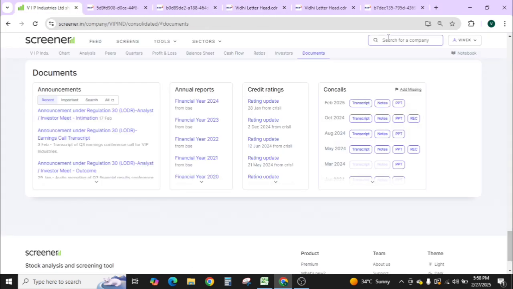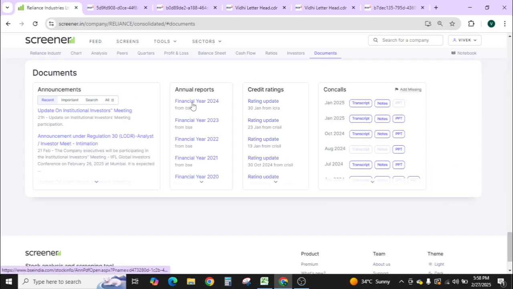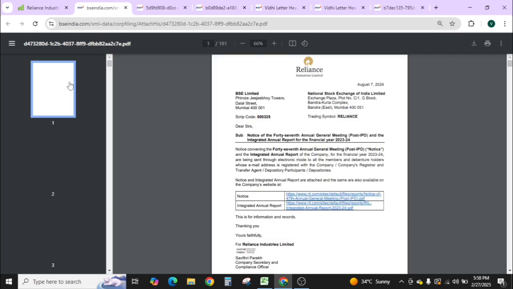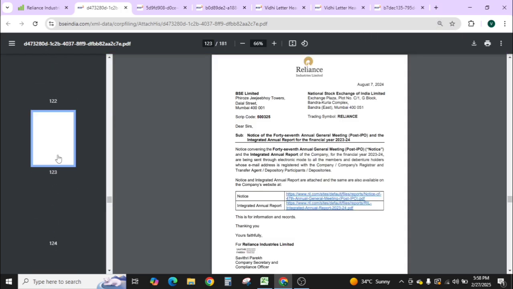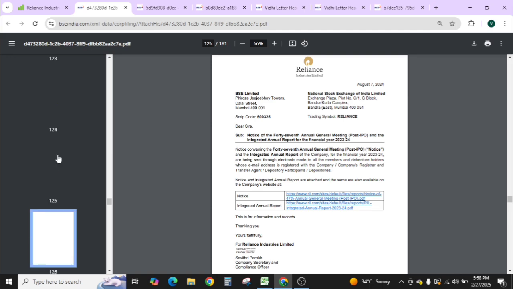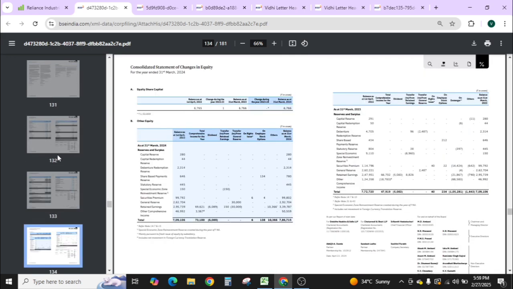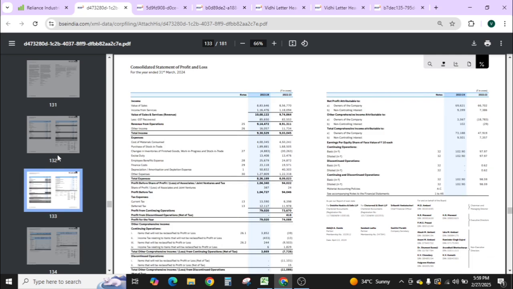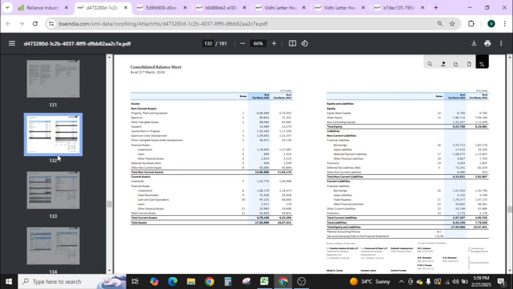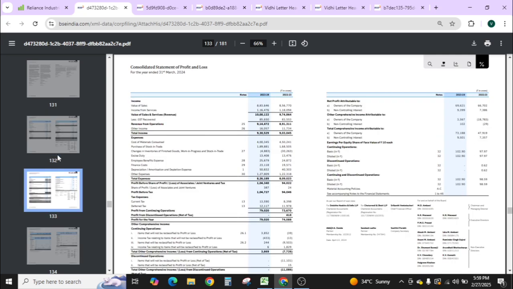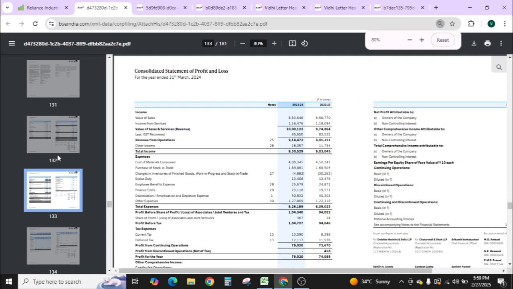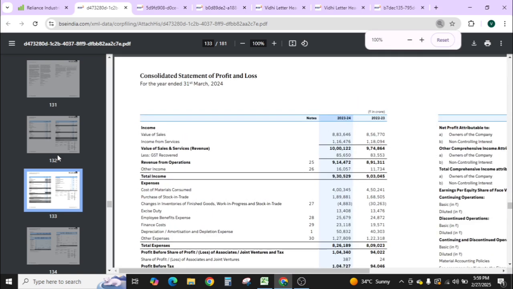Now if we go and see Reliance, and I know the thumbnails are not good, so sorry. If we see their profit and loss statement, I will zoom in.